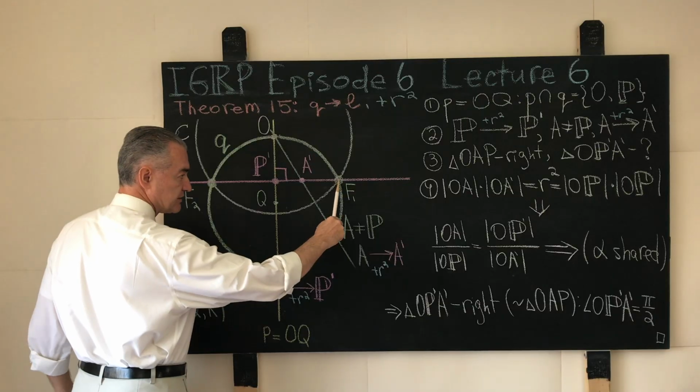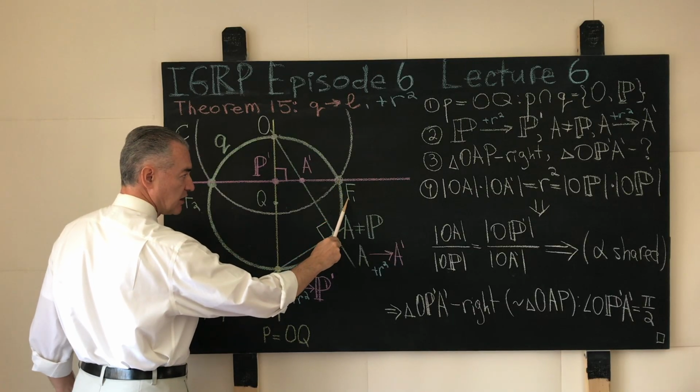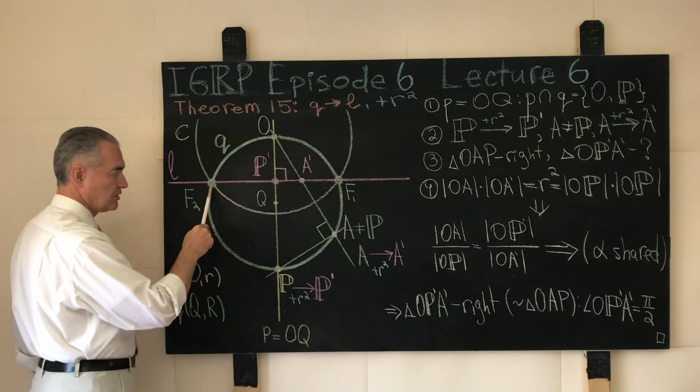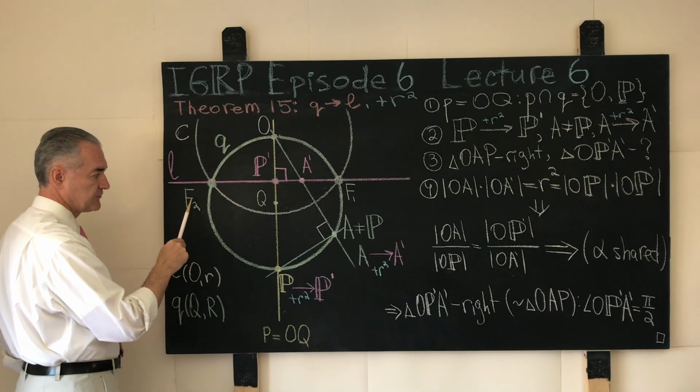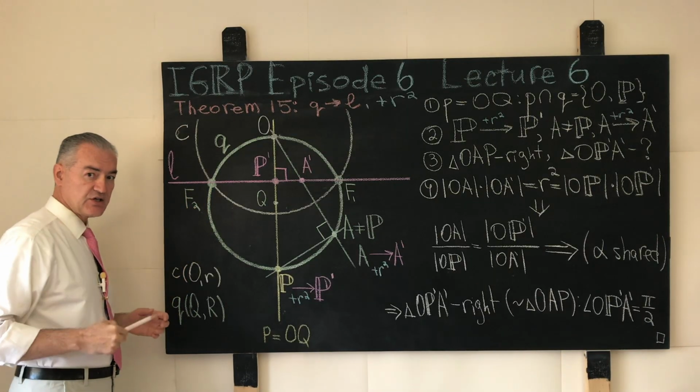The point on our right, let's say, named F1, and the point on our left named F2.